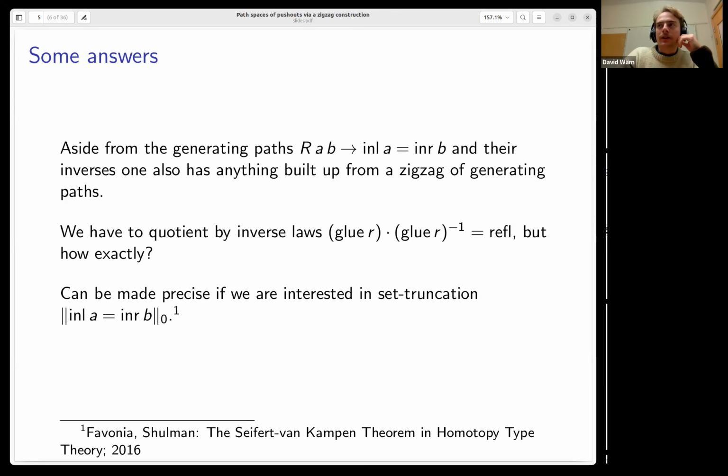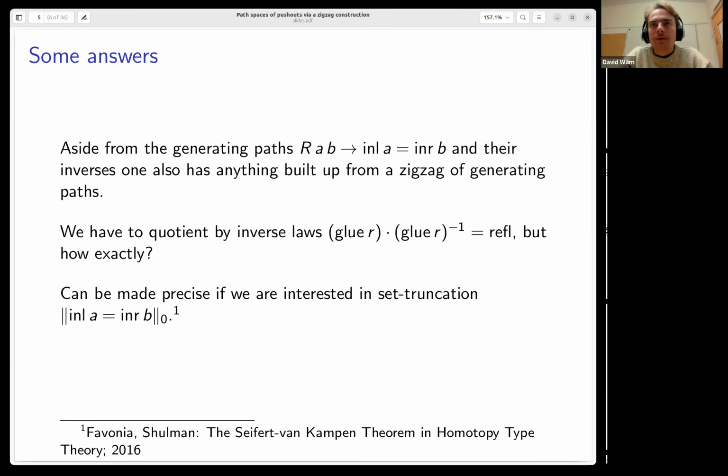So we have these general zigzags between A and B. And you can show that any path is merely a composition like this, but we want to understand the full path space.